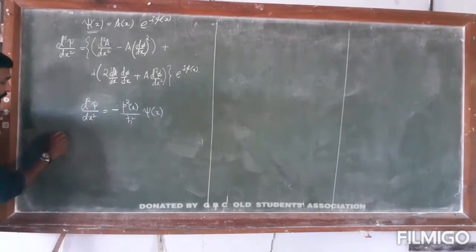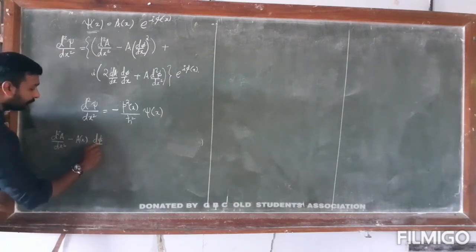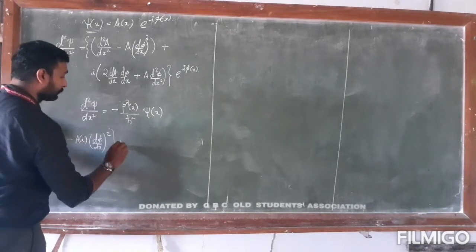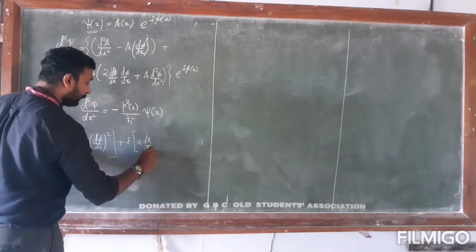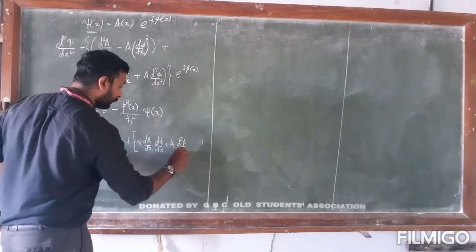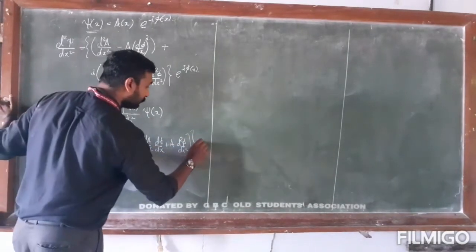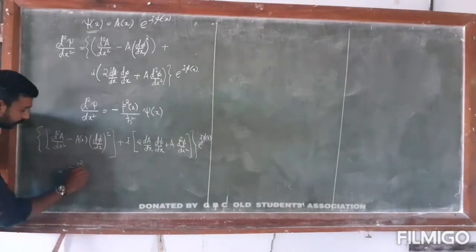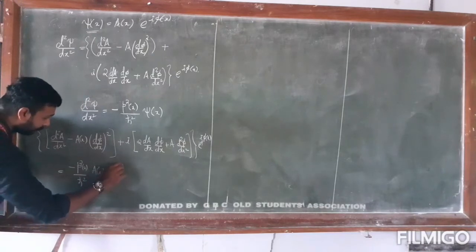Then what you will get? The left side becomes d squared A by dx squared minus A of x into (d phi by dx) squared, plus i times 2 into dA by dx into d phi by dx plus A into d squared phi by dx squared, into e raised to i phi of x, equal to minus p squared of x by h cross squared A of x into e raised to i phi of x.